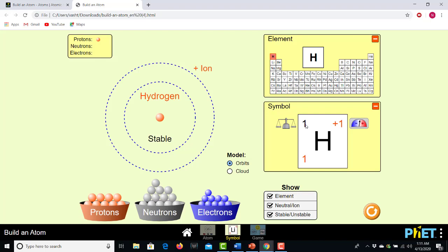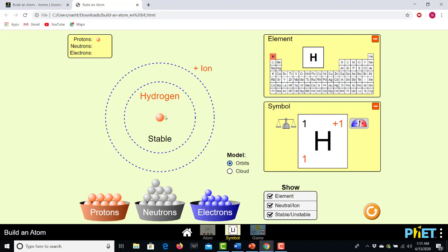The mass number is the sum of the protons and the neutrons in the particle. And so this particle has no neutrons, it only has one proton, and therefore its mass number is 1. Then the superscripted number off to the right is the charge on the particle.